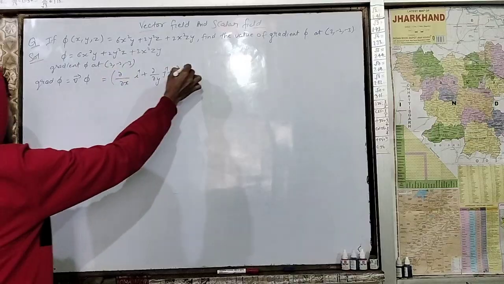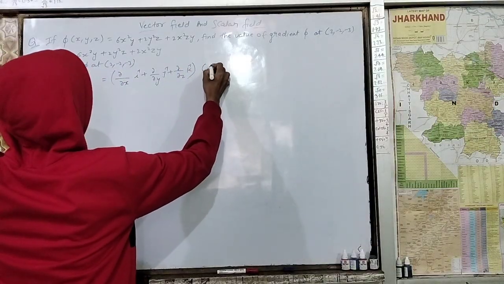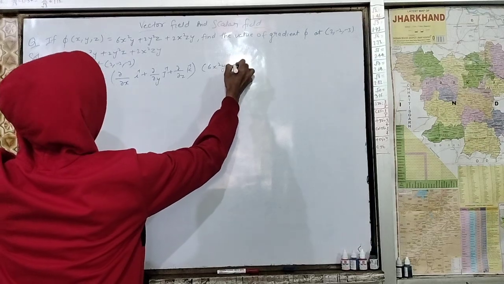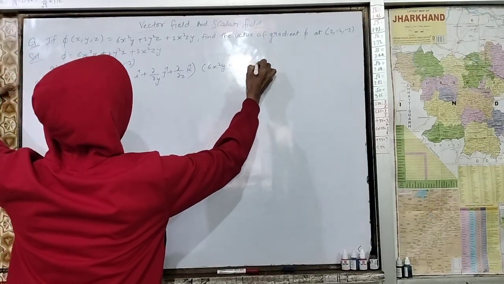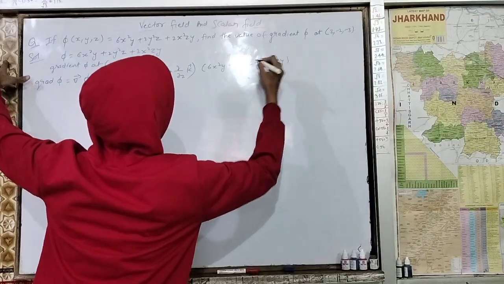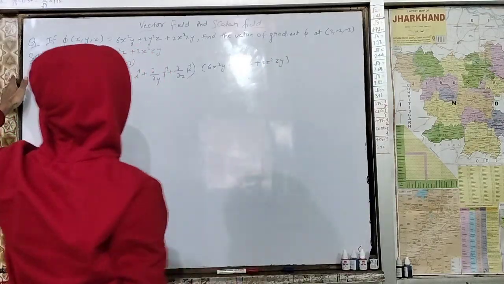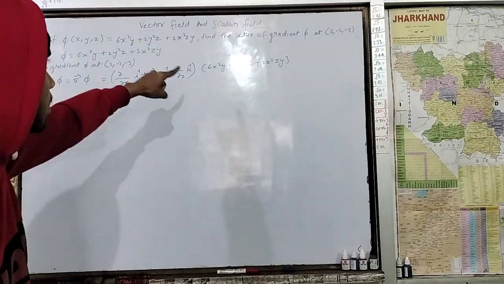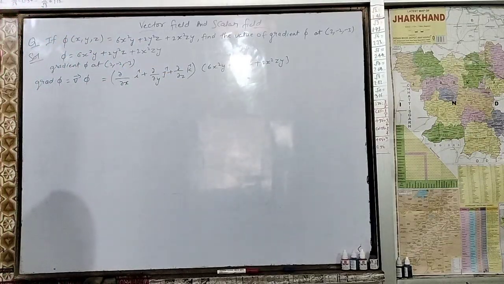And the value of phi is how much? 6x square y plus 2y square z plus 2x square zy. Okay, this is the value of phi, and we are using the dot product.